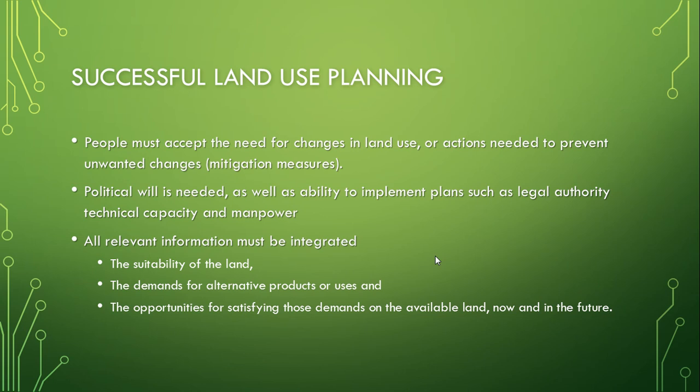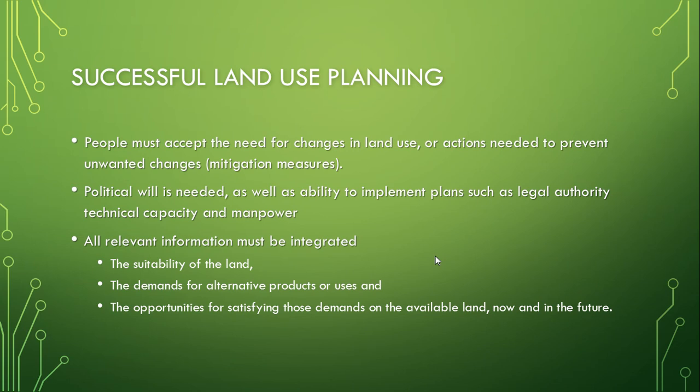I'm sure many of you have often heard of different agencies across Trinidad and Tobago where they would complain they don't have the manpower necessary to implement laws and plans, and this often makes it very difficult for any country or any jurisdiction to move forward with successful land use plans.